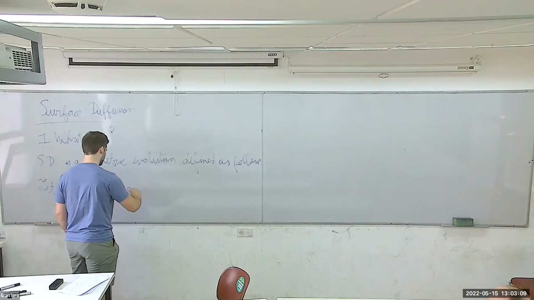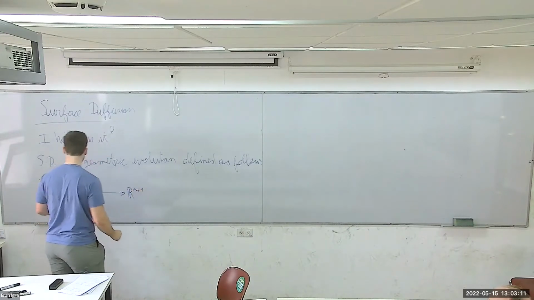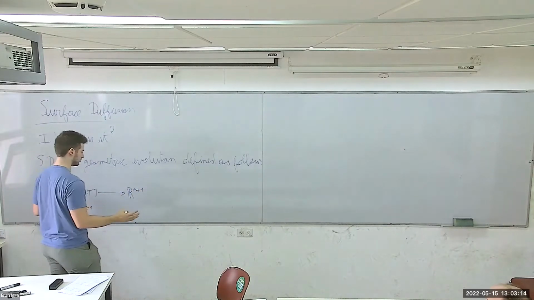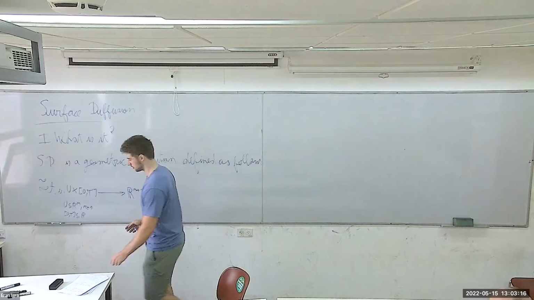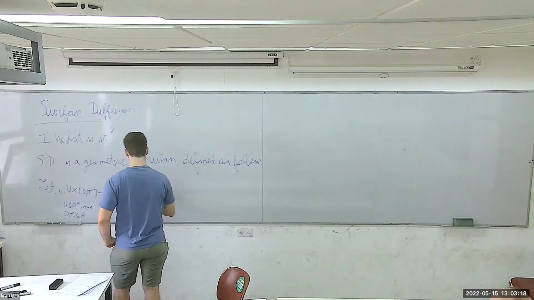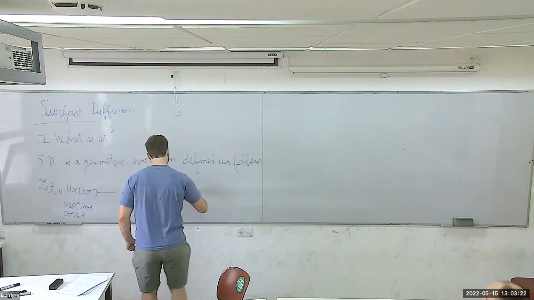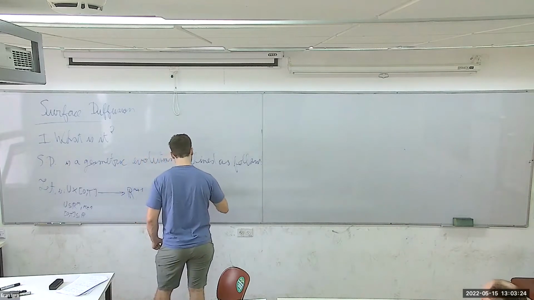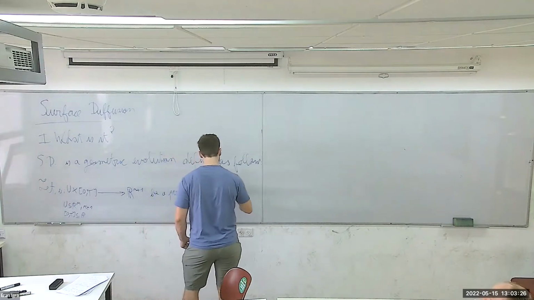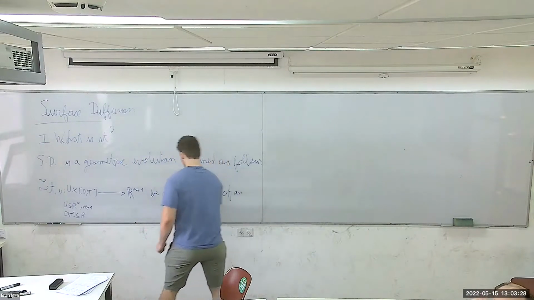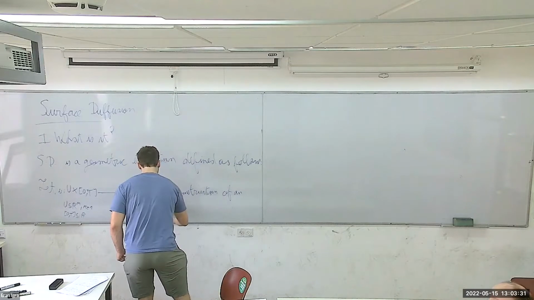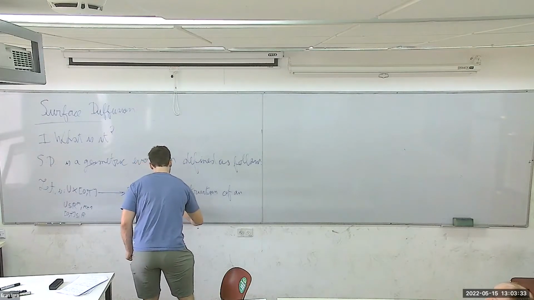To R^(n+1). Okay, so u is a parametrization of an evolving hypersurface.